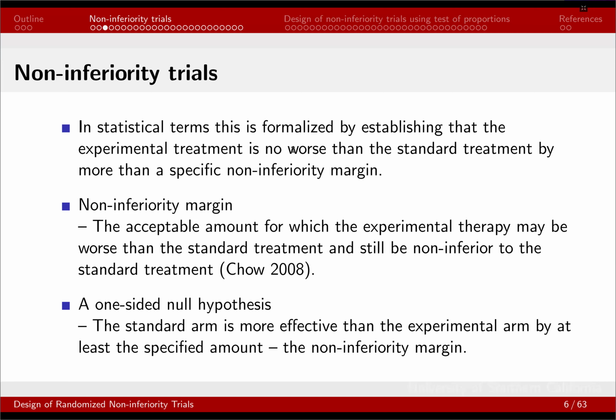So non-inferiority trials place a limit that the experimental agent can be worse than the standard treatment. They test a one-sided null hypothesis that the standard arm is more effective than the experimental arm by the pre-specified margin.